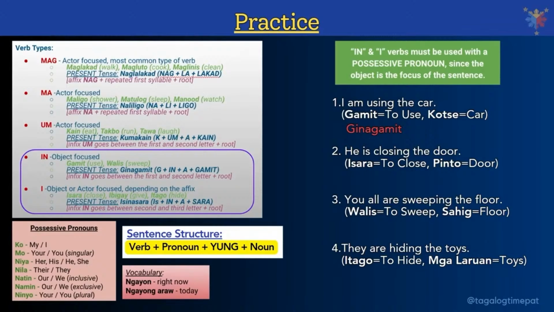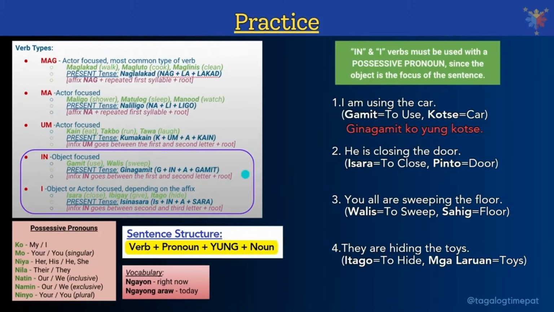Ginagamit, and then the pronoun I in the possessive pronoun is ko. And then yung car is coche. Ginagamit ko yung coche. I am using the car. So as you can see, we just kind of plugged everything into this sentence structure.